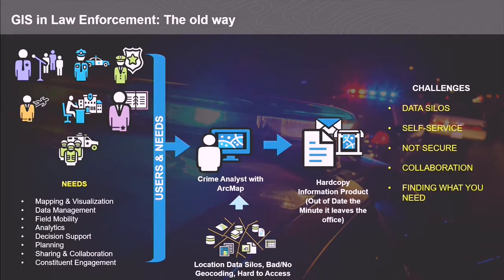So there are all these limitations of hard copy maps that are inherent to the old way of doing mapping in law enforcement that does not support this modern interactive way in which we use maps and location information to make decisions in our work lives.